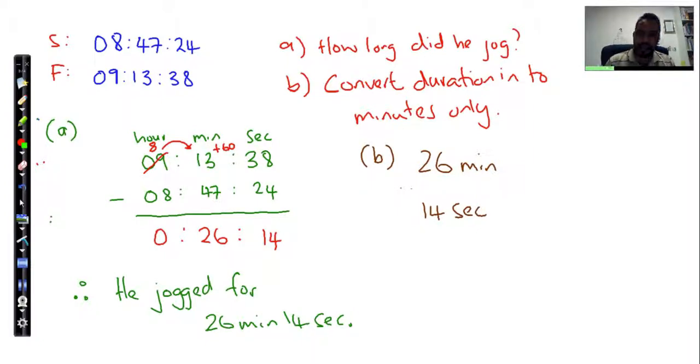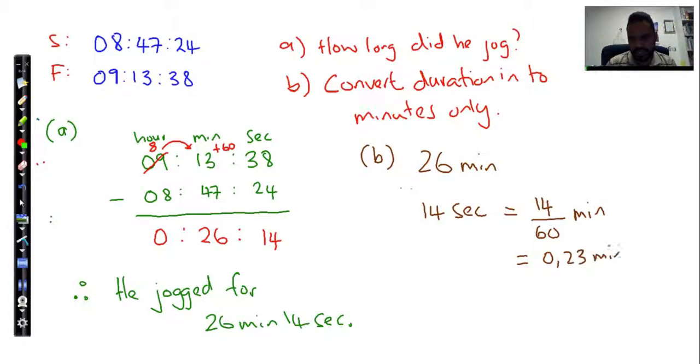When you think of 14 seconds, that's a portion of a minute, which means we're dealing with a fraction. It's going to be 14 seconds out of 60 seconds in total that will give us the number of minutes, right? And 14 divided by 60 gives us 0.23.